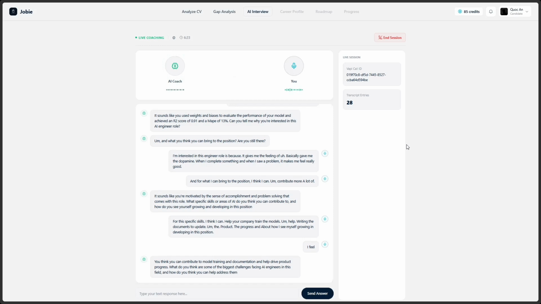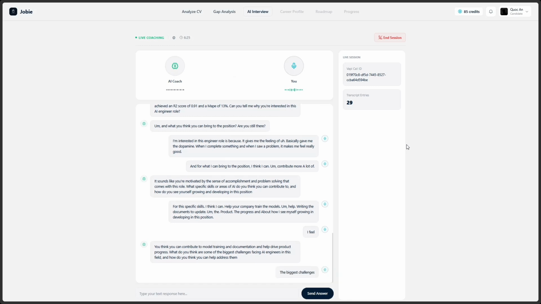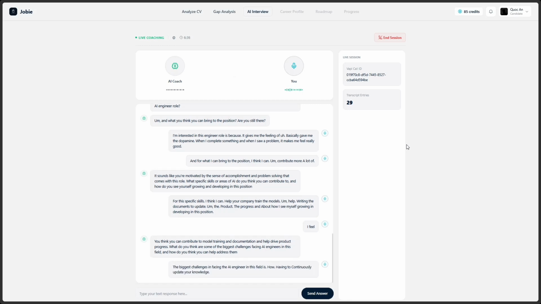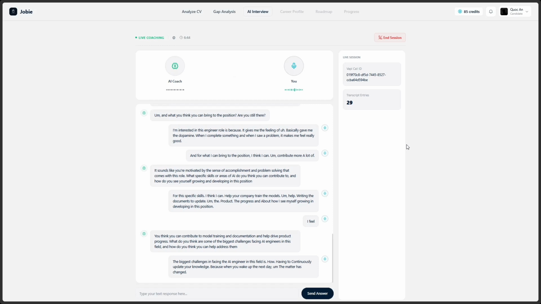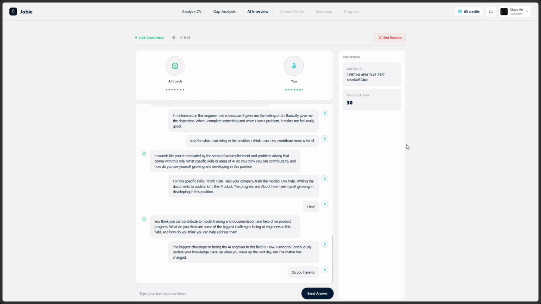The biggest challenge facing AI engineers in this field is having to continuously update your knowledge, because when you wake up the next day, the meta has changed, so you have to continuously learn to keep up with this career.